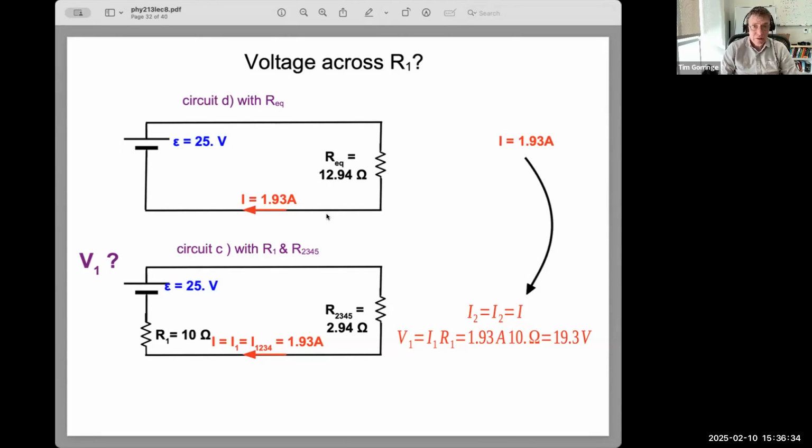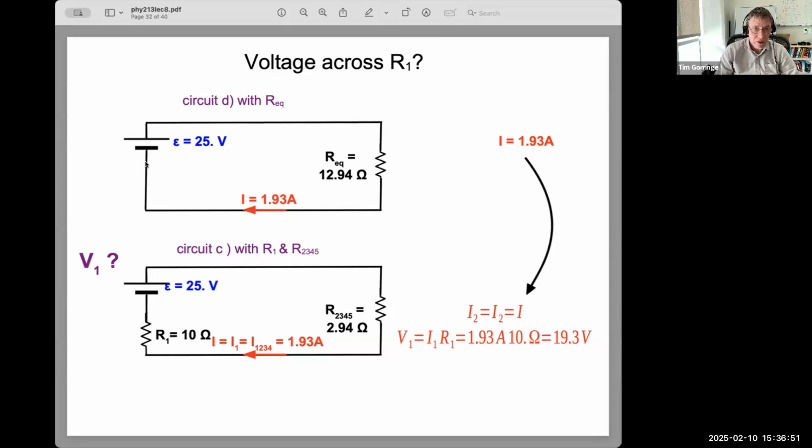I'm going to do this in both cases by comparing two different circuits that involve equivalent circuits and using that to help me solve the problem. Let's see how it goes for finding the voltage across R1.